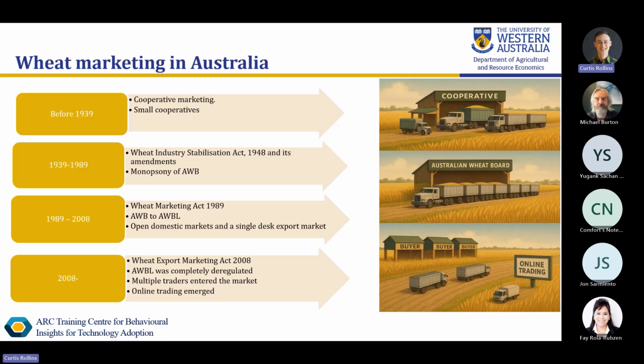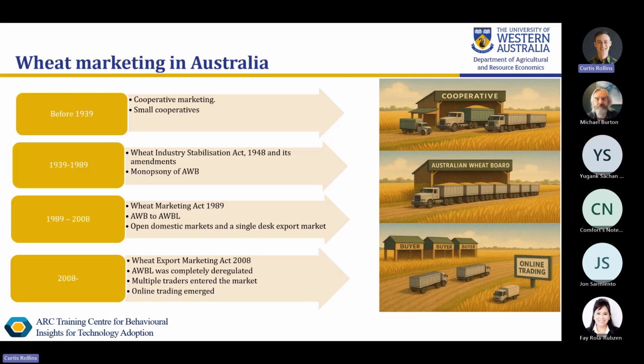When you look at the history of wheat marketing in Australia, before 1939 there used to be small cooperatives engaged in the marketing system. After that, the government established a state-owned enterprise called the Australian Wheat Board, established by the Wheat Industry Establishment Act 1948, which was amended from time to time. It was a kind of monopolistic institution.